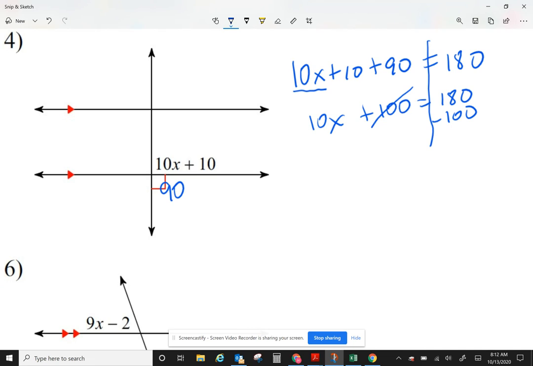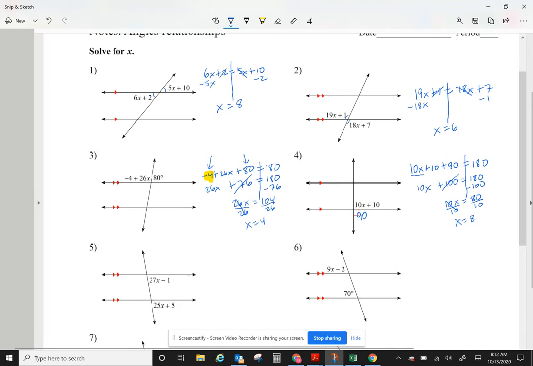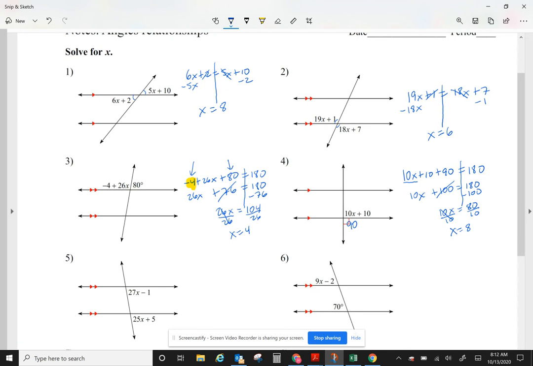Don't forget to use opposite signs. So here I have 10x is equal to 80. Let me divide both sides by 10 because it's the number in front of the x. So I have that x is equal to 8. So that's the vertical angle theorem and the linear pair.